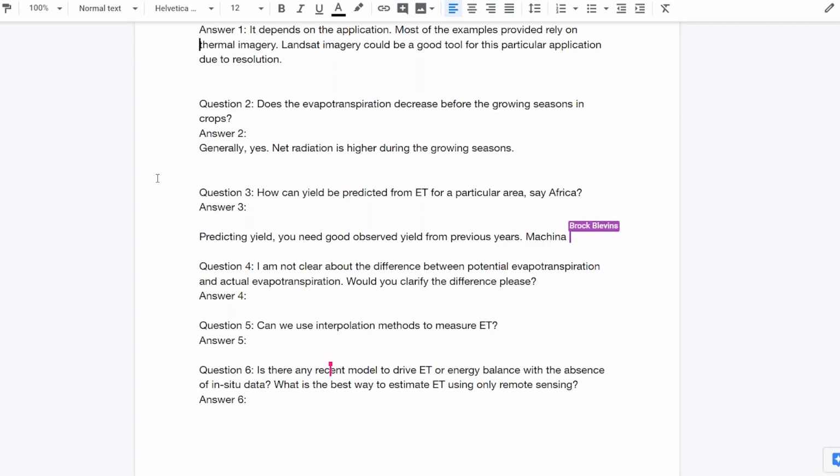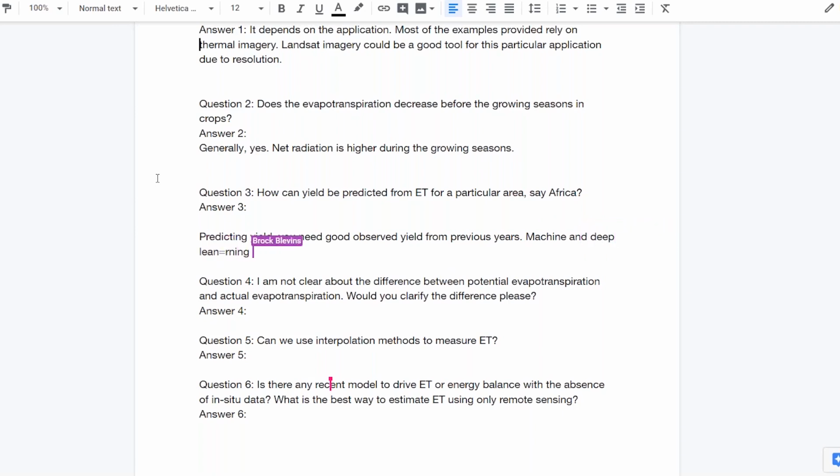A number of people in the community are doing that. It's definitely done more on a local or regional scale, though some people are doing continental scale yield predictions. But it really is predicated on having good training data to build a method or tool to predict yield.